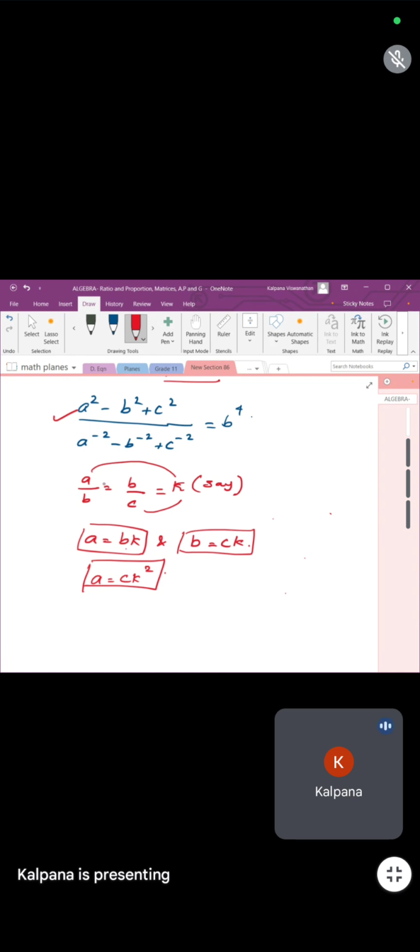Take your LHS here, substitute the values, replace A by CK square and B by CK. So LHS becomes CK square the whole square. A is CK square, but A square we have.